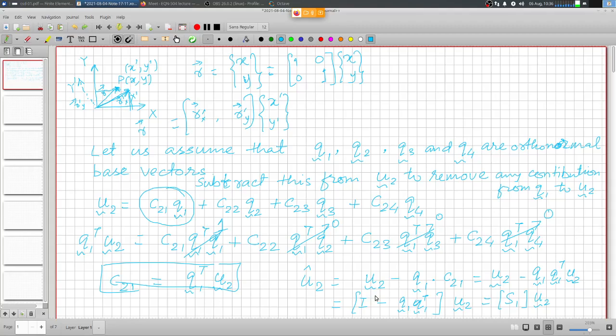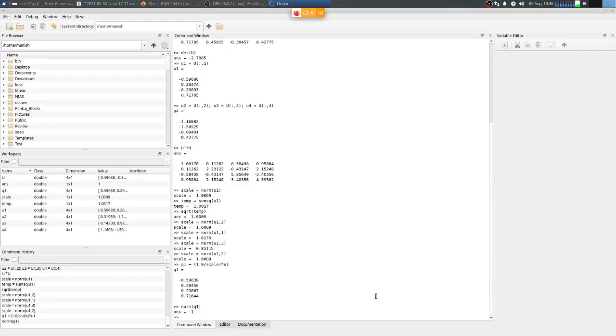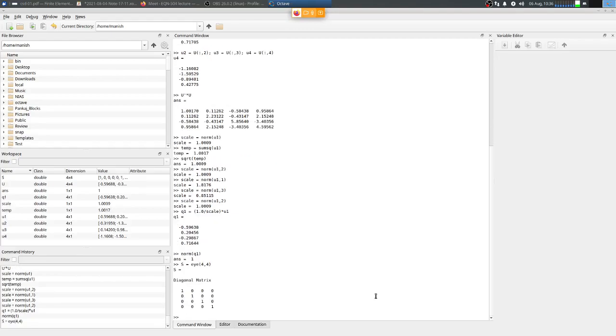So let us work this out. I define S, to begin with, as the identity matrix, and now once I have this q1, I modify S as S minus q1 multiplied by q1 transpose.